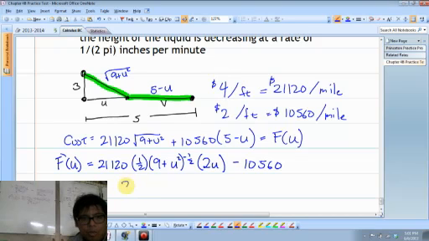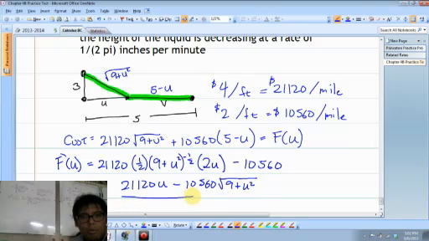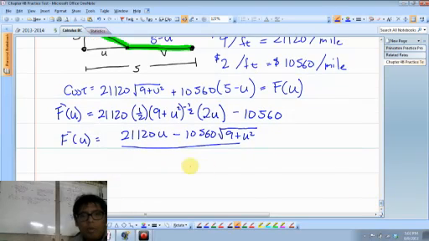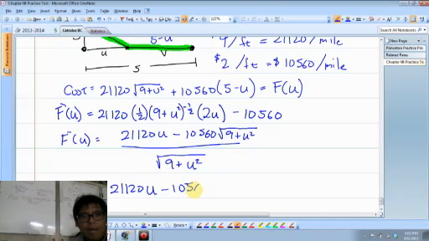Which simplifies to 21,120u minus 10,560 root 9 plus u squared over root 9 plus u squared. And now we're supposed to find critical numbers. 21,120u minus 10,560 root 9 plus u squared. Set that equal to 0.